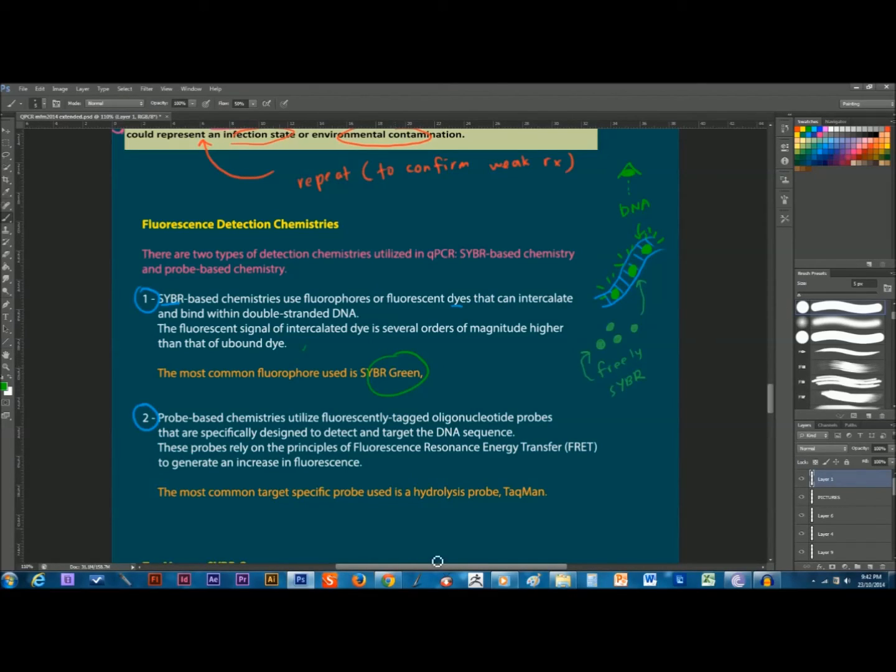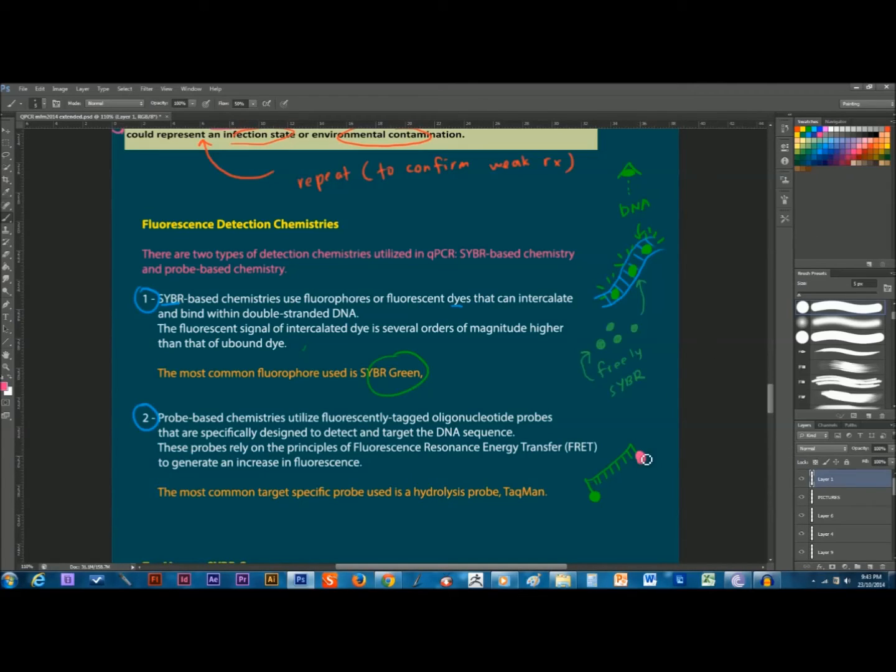Secondly, the probe-based chemistry utilizes fluorescently tagged oligonucleotide probes that are specifically designed to detect and target the DNA sequence. These probes rely on the principle of fluorescence resonance energy transfer, or FRET, to generate an increase in fluorescence.